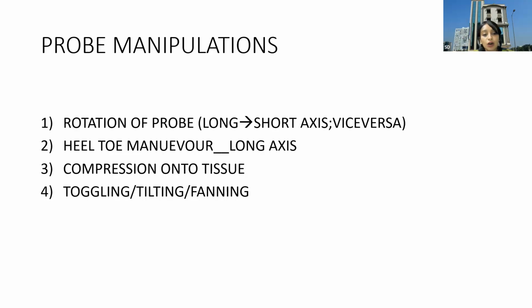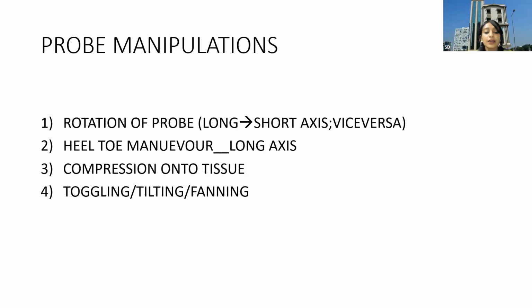And then there is something called the heel-toe maneuver. Suppose this is the bone and we are placing the linear probe in the same parallel axis. If you press one end of the probe onto one side, say the lateral side, and leave a little less pressure on the other side, it is known as the heel-toe maneuver.